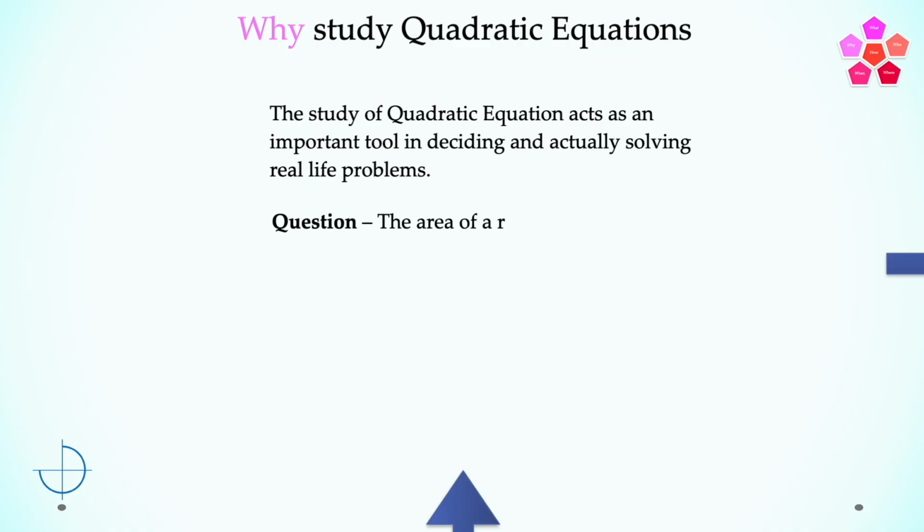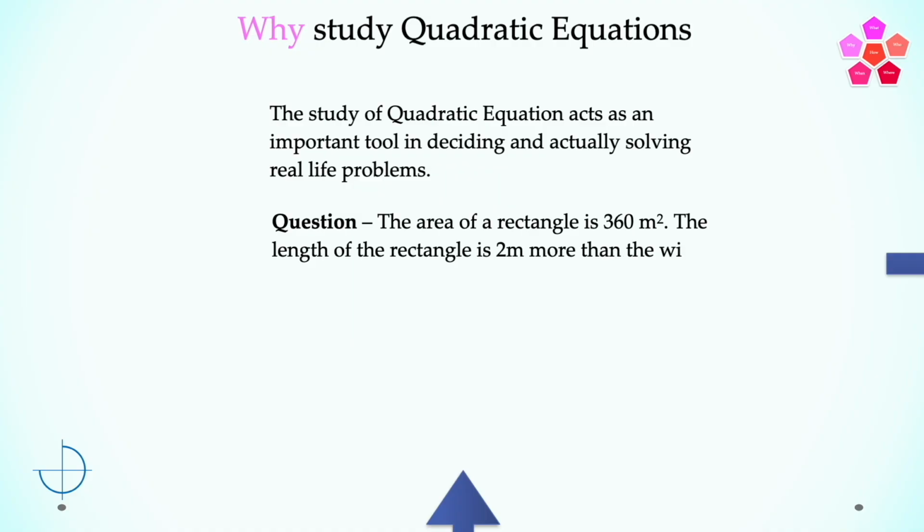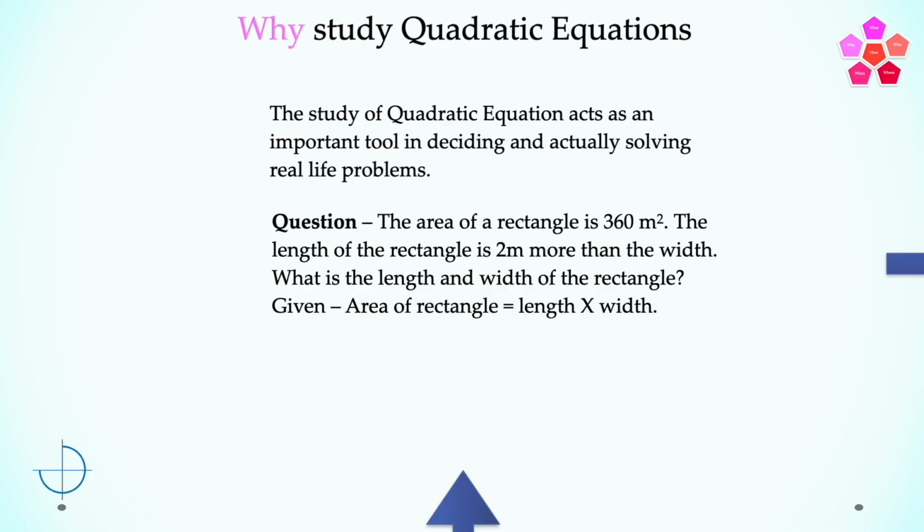The area of a rectangle is 360 meters square. The length of the rectangle is 2 meters more than the width. What is the length and width of the rectangle? Let's take x as the width so that length becomes x + 2. Now it's given that area of the rectangle is equal to length into width.